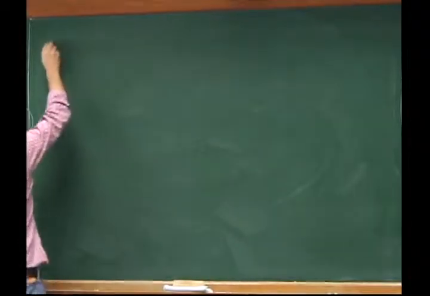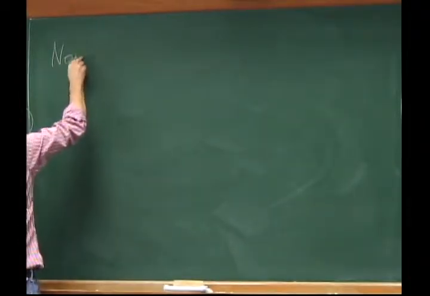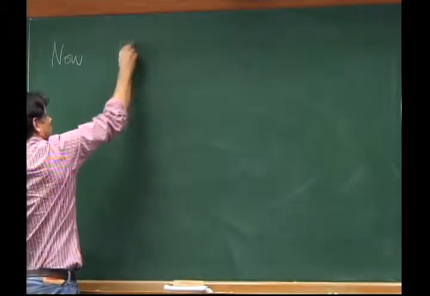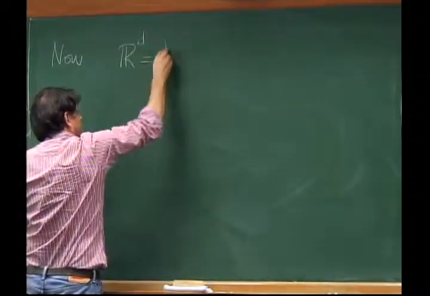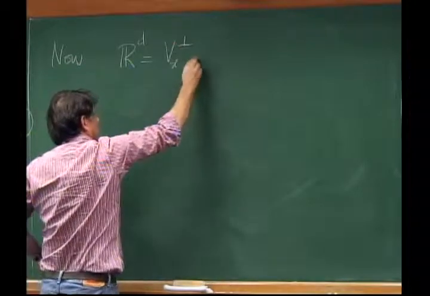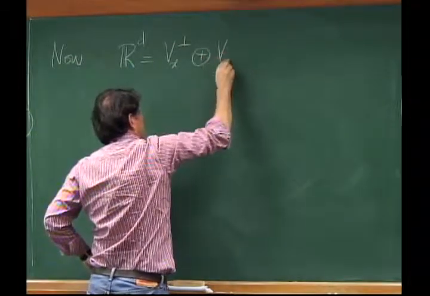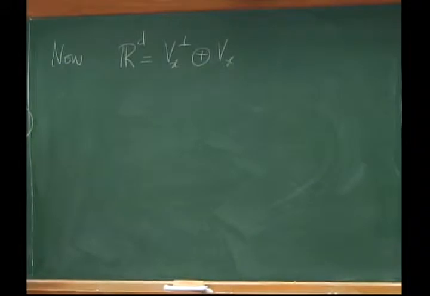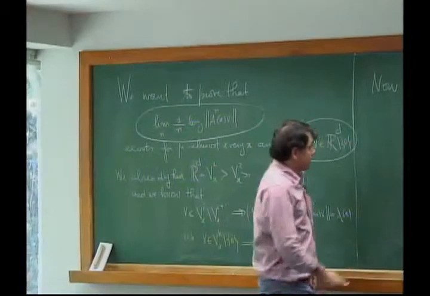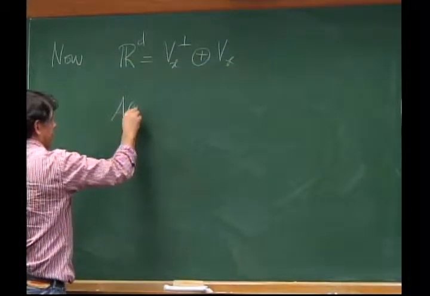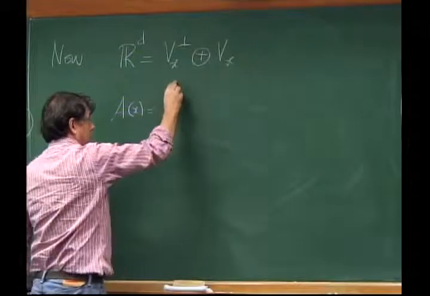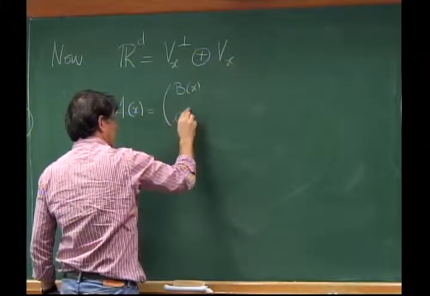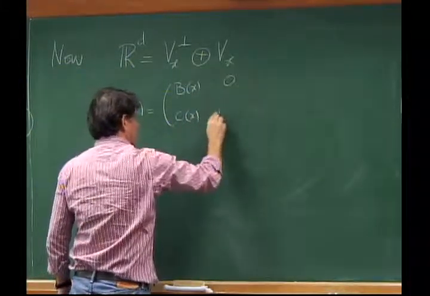So now we write R^d as Vx orthogonal plus Vx. We're going to deal with the rest of the spectrum, and we write A of x as B of x, C of x, D of x.